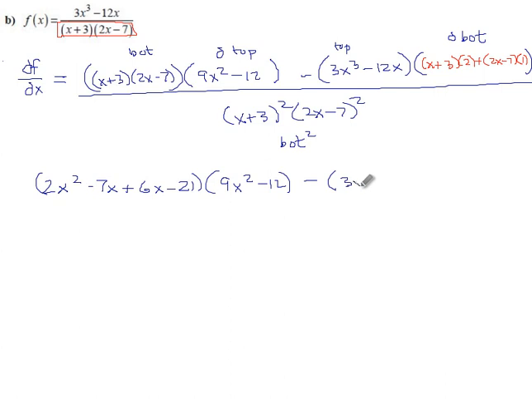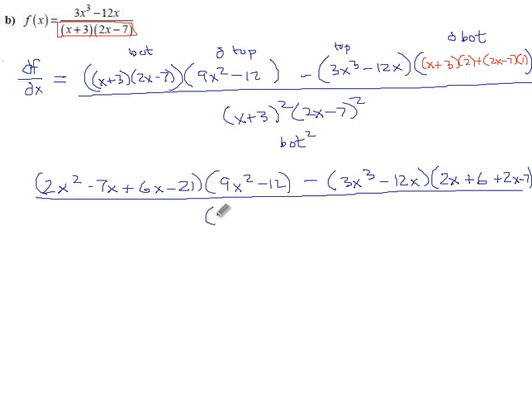Minus 3x cubed minus 12x times, and what do we get from this? 2x plus 6 plus 2x minus 7. All over nothing happening in the denominator, I'm just copying it.